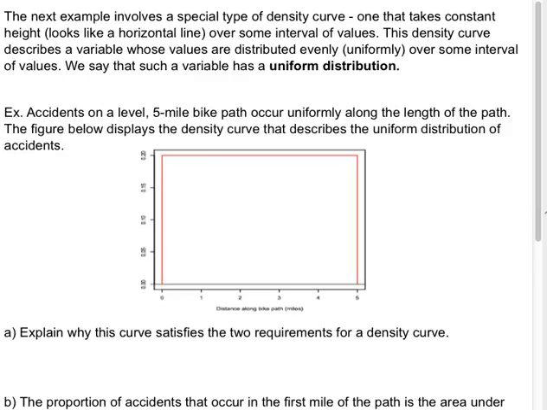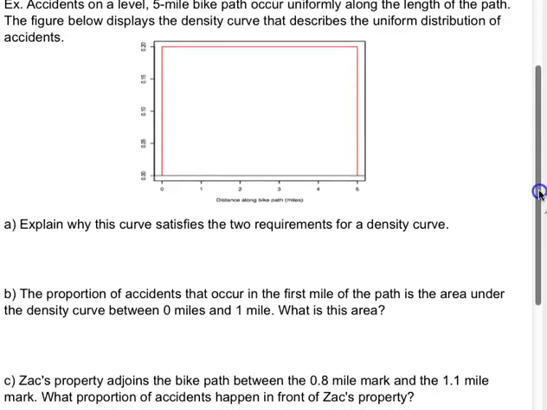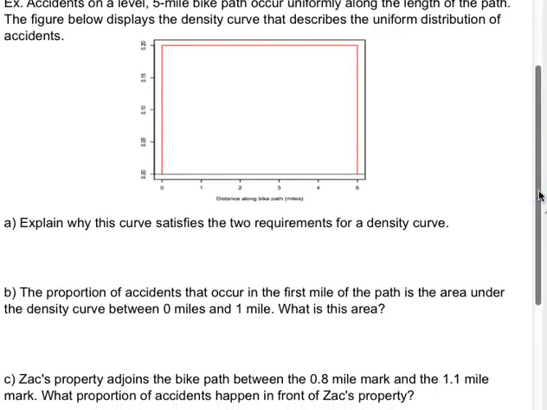All right. So first, let's explain why the curve satisfies the two requirements of a density curve. First, it is all above the horizontal axis. That was the first requirement.